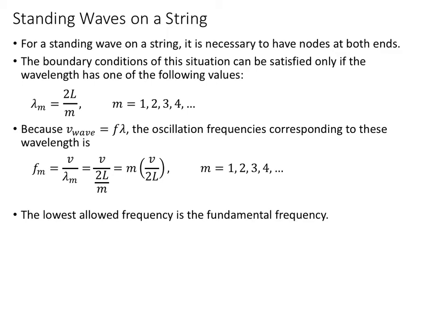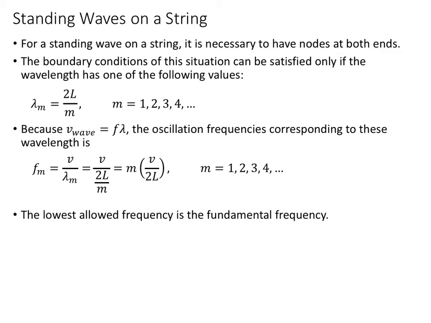But to get particular sounds, we need to have particular standing waves. And so what wavelengths you can get on your standing wave depends on the conditions of your string, the boundary conditions.